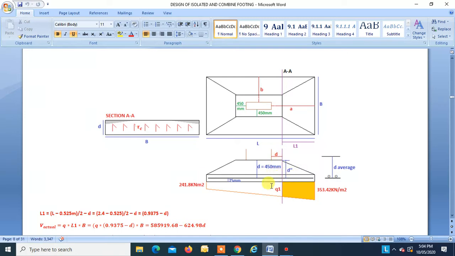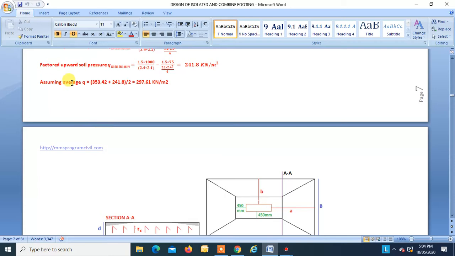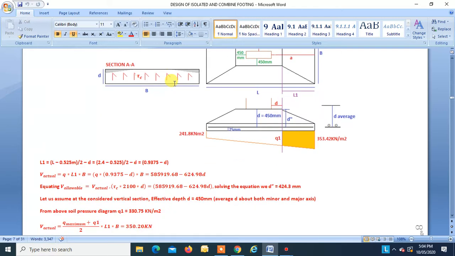Right now it is not possible for us to find Q1 because we don't know D. So let us assume an average stress diagram just for the purpose of assumption of D dash. Let us take average Q equal to 297.61 kilonewton per meter square.